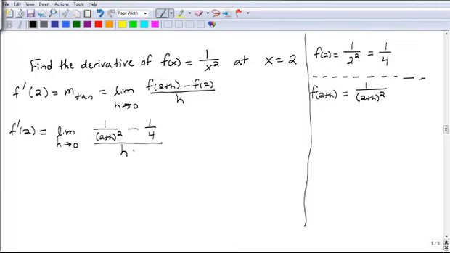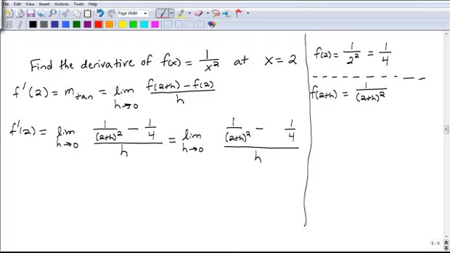Now we can't cancel that h in the bottom at all at the moment. So we're going to have to simplify this. The way we simplify it is by combining the fractions. To combine the fractions, we need a common denominator. The common denominator is 4 times 2 plus h squared. So I'm going to rewrite these so they have a common denominator, so I can subtract them on the top.